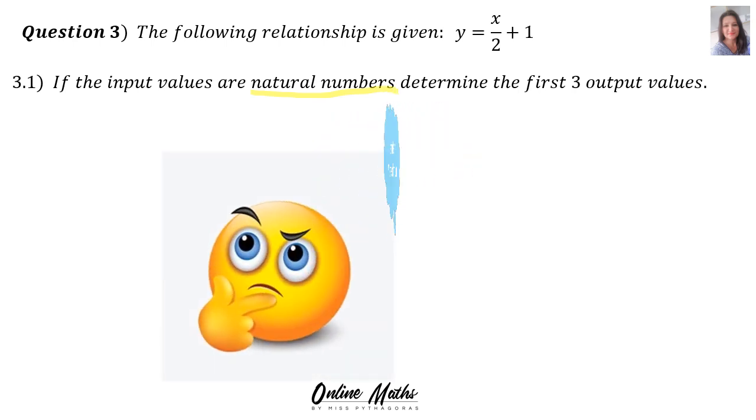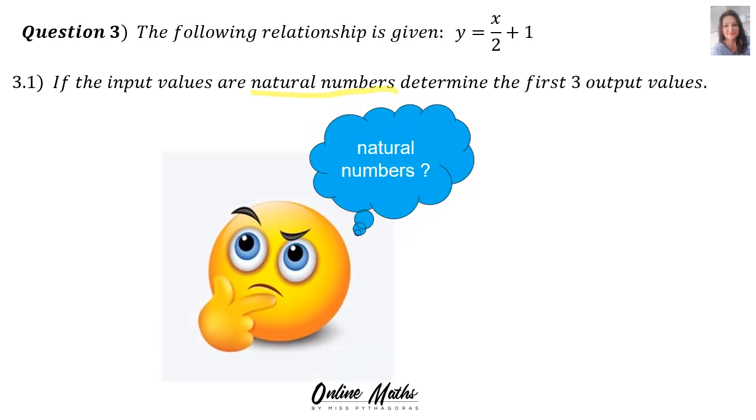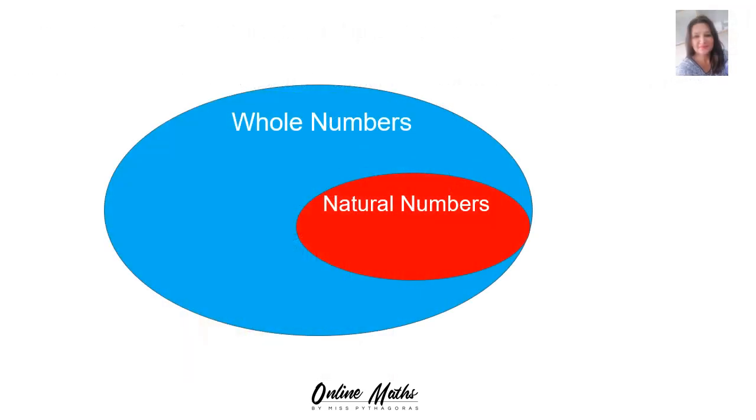Now, what's a natural number? In the next slide, I will explain what a natural number is. The symbol for whole numbers is an N with a little 0 down there, and the symbol for natural numbers is just an N. Whole numbers start at 0 and natural numbers start at 1.